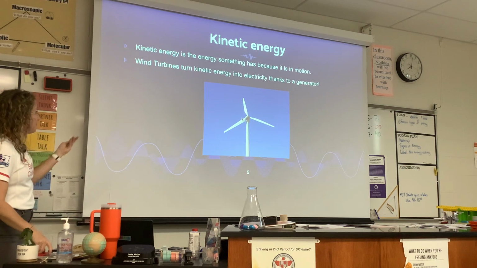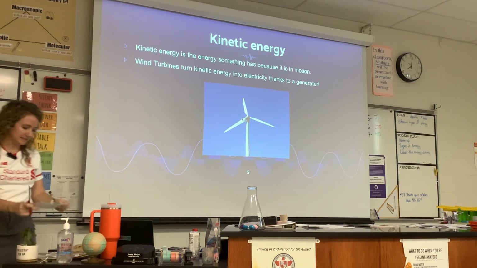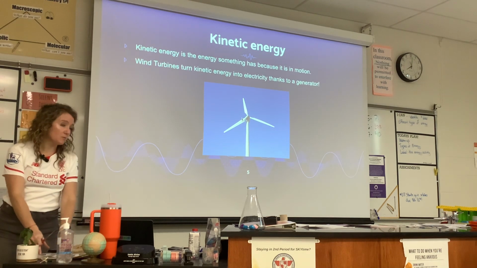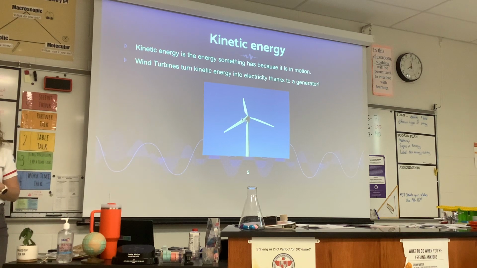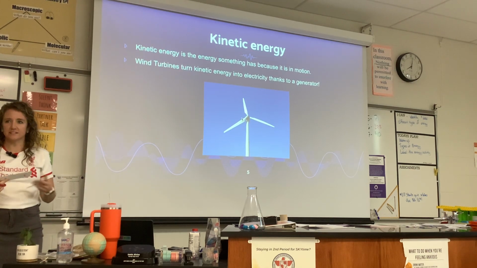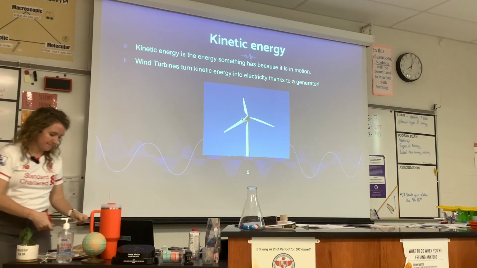And then your example is a wind turbine. It initially works through kinetic energy, and then that kinetic gets turned into electrical, which is obviously how we benefit from it.